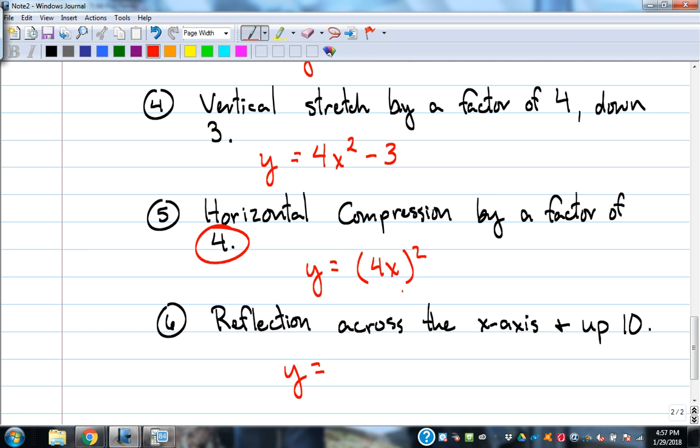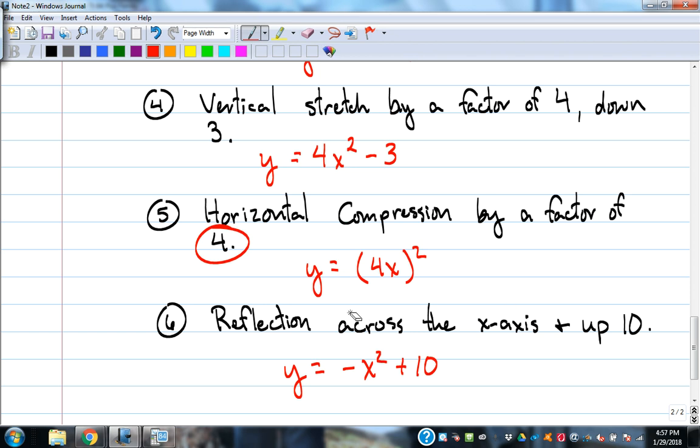Is there going to be any number for the reflection? Well, it didn't say anything about a stretch or compression, so what number does it have to be? 1, yeah, negative 1. Negative 1 x squared. That negative takes care of our reflection. It's not inside of parentheses, so that's how we know. And then plus 10. That's right. That's our up 10.